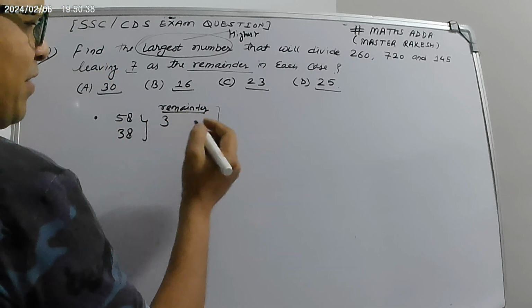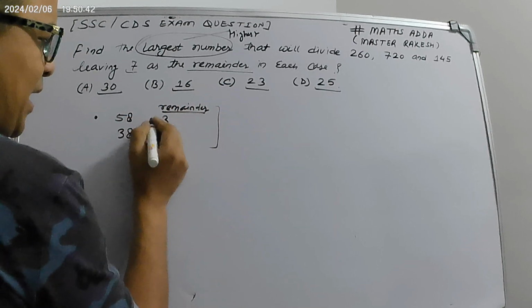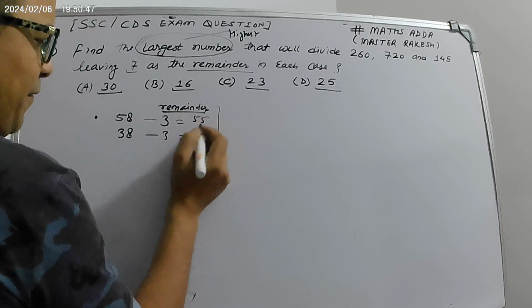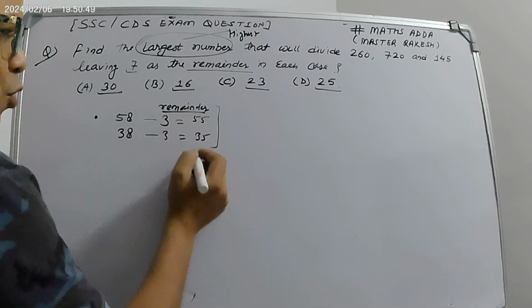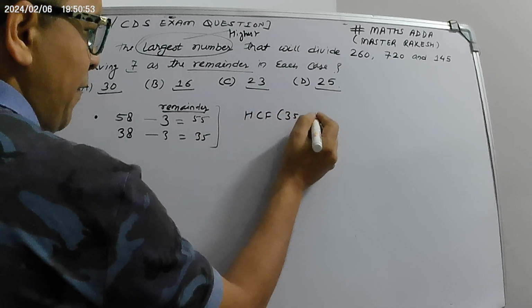So what will we do? First step is you subtract 3 from both numbers. This becomes 55, this becomes 35. So you find the HCF of 35 and 55.